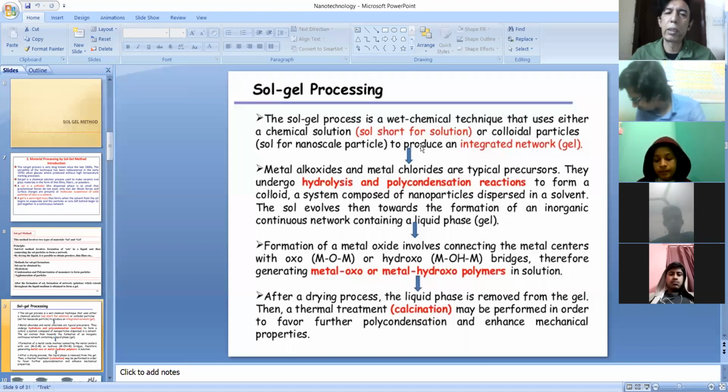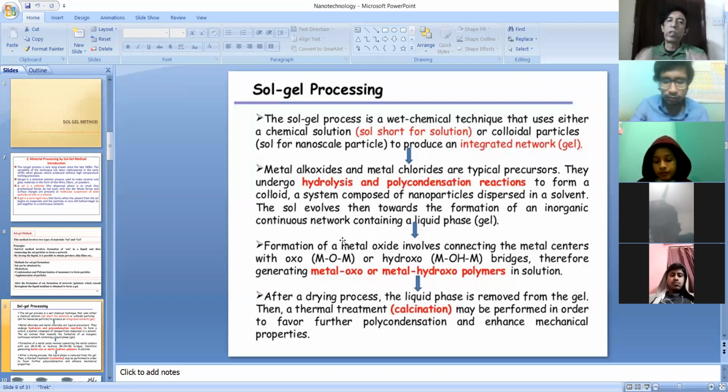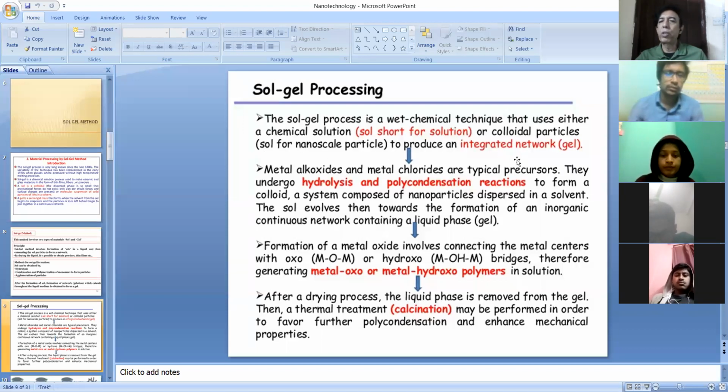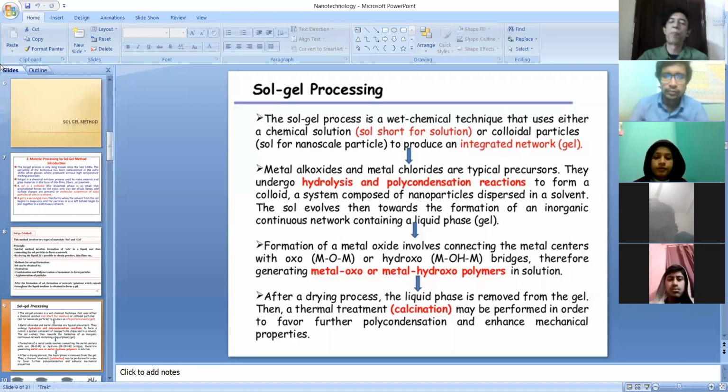Here in this slide, you see a sol-gel process is a wet chemical technique that uses either a chemical solution, where sol is the short form of solution, or colloidal particles, sol for nanoscale particles, to produce an integrated network, a gel.